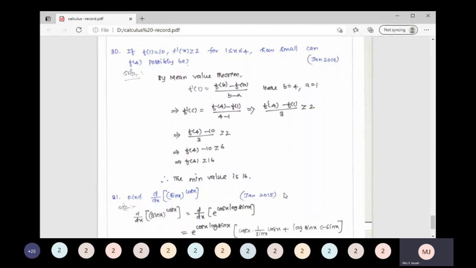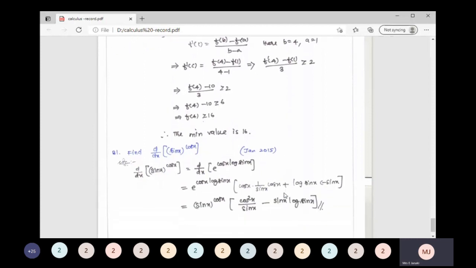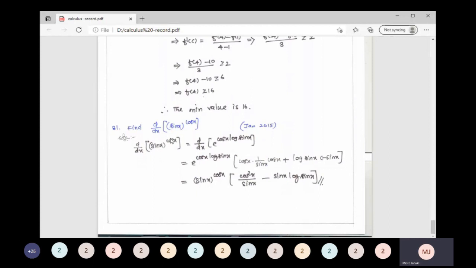And then next, calculate d by dx of sin x whole power of cos x. For this type of function, which is of the form x power x, we can write the given function as e to the power of log.